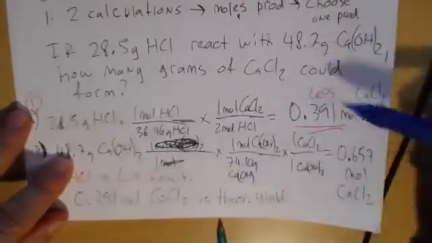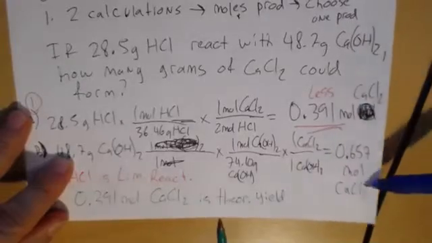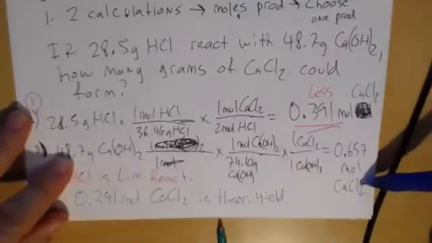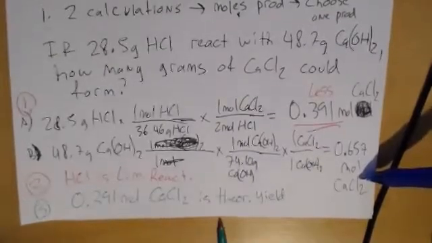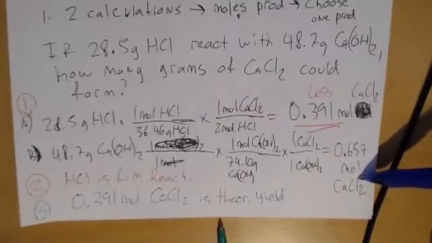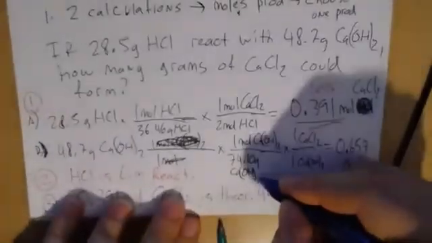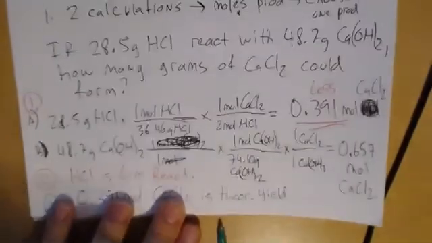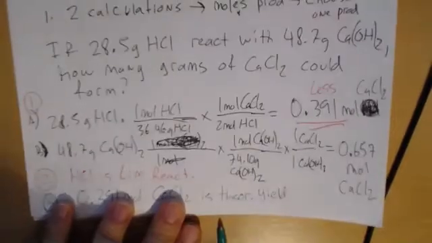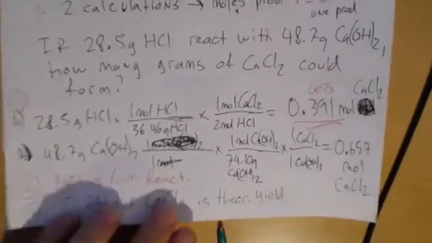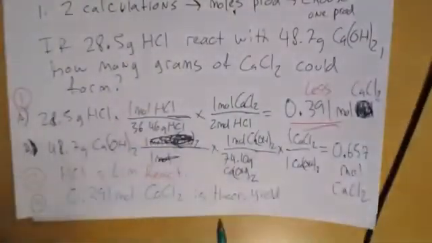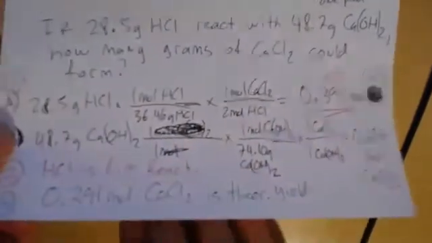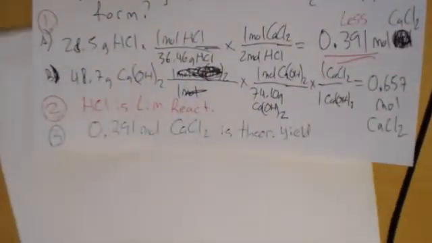So both of these should be calcium chloride, yeah? Doesn't calcium hydroxide need to be subscript of 2? Yes. Sorry, there. Shall we rewrite it then? Let's rewrite it. Okay. So, let's fix it.